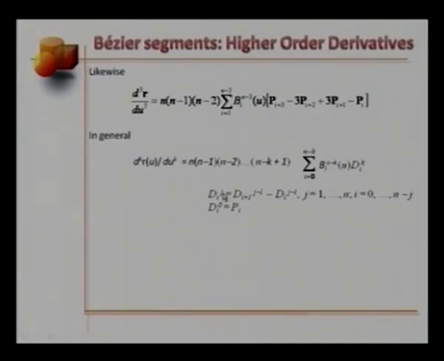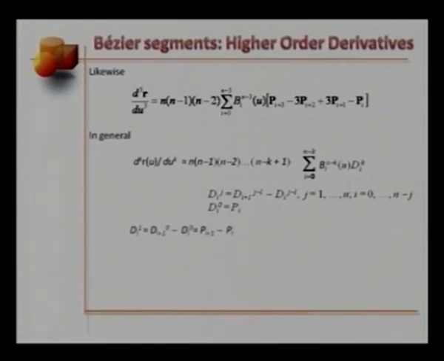For example, j is equal to 1 will give the first derivative, j is equal to 2 will give the second derivative, and so on and so forth, with i that goes from 0 to n minus j.